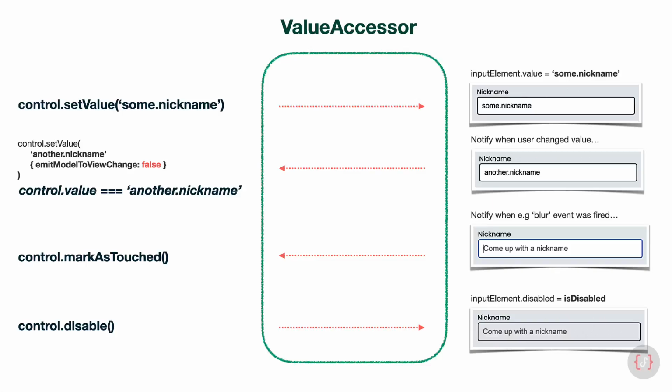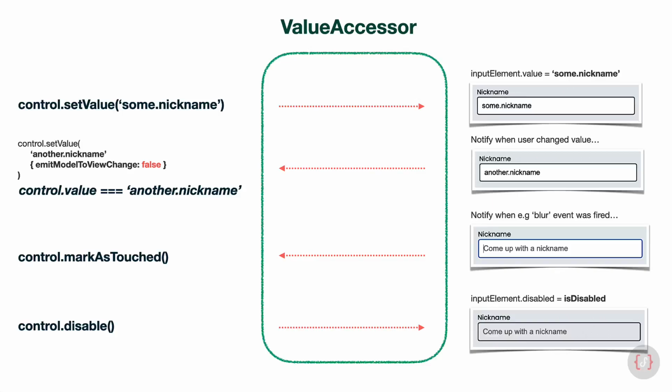But how exactly does it happen? Well, it happens by calling corresponding methods of value accessor, and those methods contain the actual logic of how the model or the native control like input should be updated. First, let's have a look at state synchronizations that go from the model to the view.